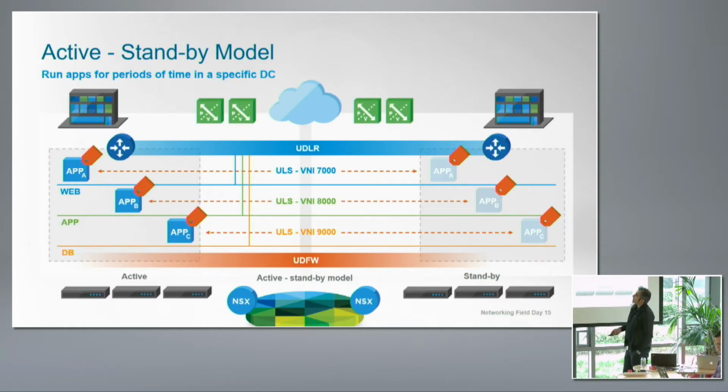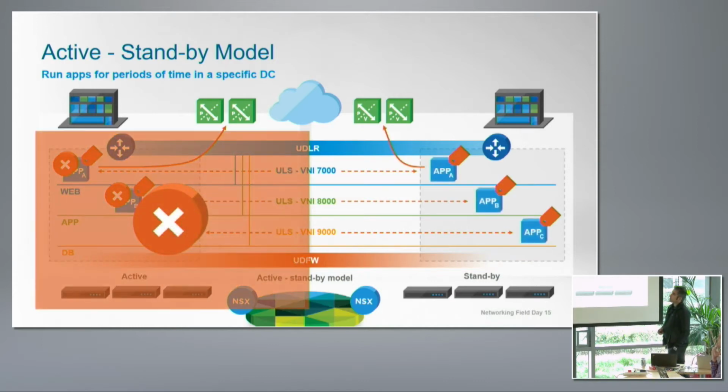So now next I'm deploying my edges. I have my active application on site 1, and it's using the edges at site 1. Now if I have a full application failure, or even a site failure, my disaster recovery orchestration tool recovers those workloads at site 2, the tags get automatically applied to those workloads, and the security policies are in place also for those workloads. And you have consistent IP, so the IP address doesn't change.